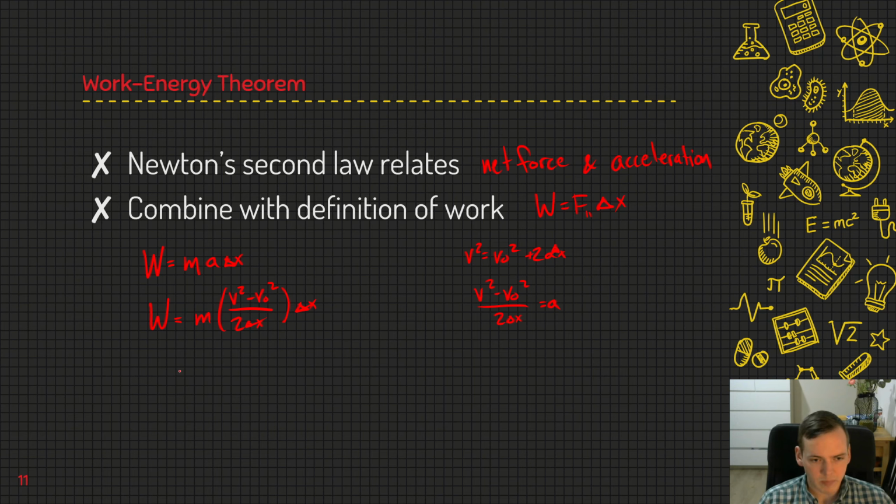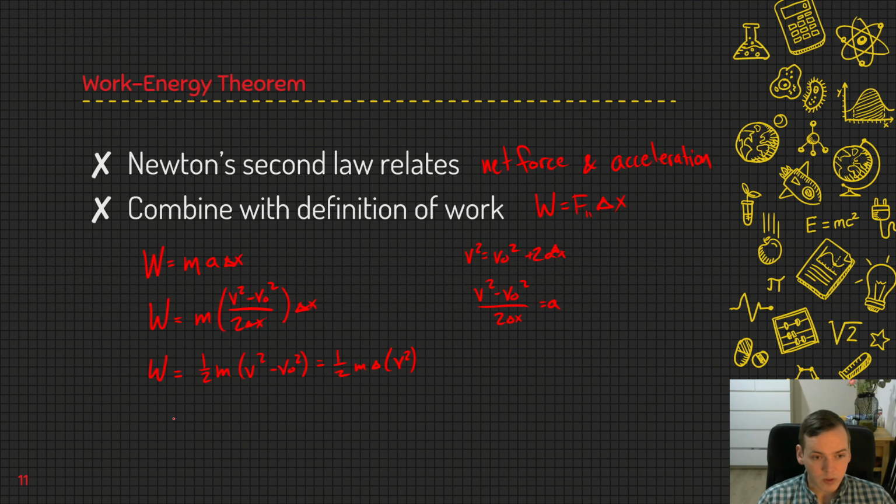And with a little bit of tiny rearrangement here, we get work equals 1/2 m times v squared minus v naught squared, which equals 1/2 m times delta v squared.